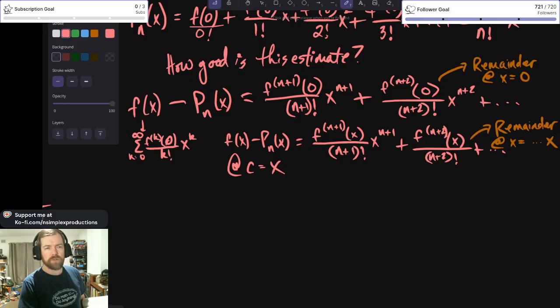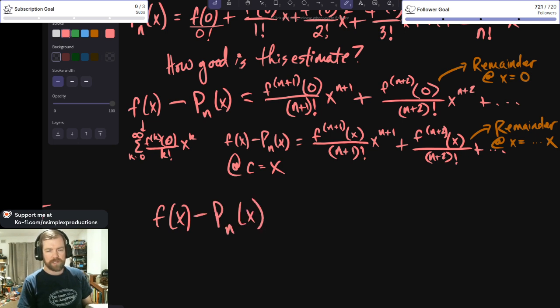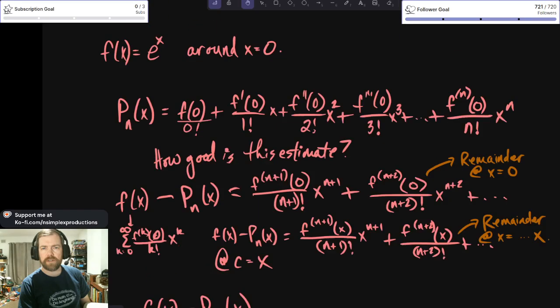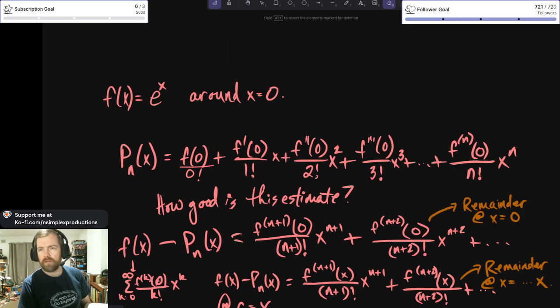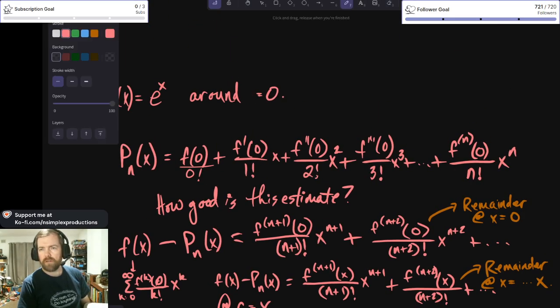Then what we can do is we could say, okay, look, the actual error that we're going to get, f at x minus p sub n at x for c equals 0. Did I put x equals up here? I did. Change that.